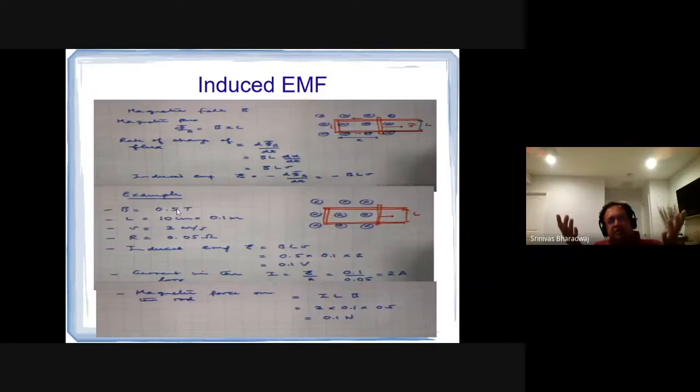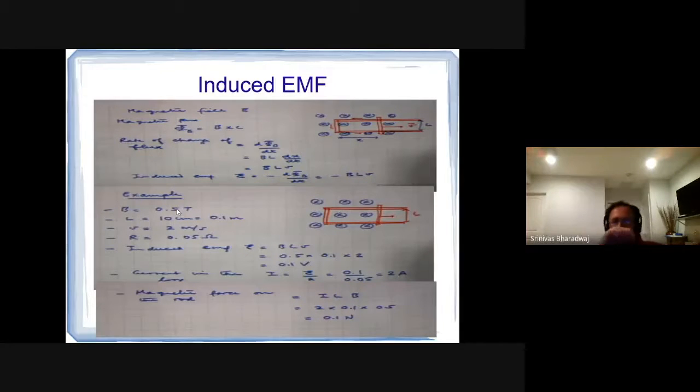The B is constant, but the A is changing. So the flux is B times A. In this case, what is changing? X is changing, and the rate at which you pull this changes the area. Because the area is changing, your total flux is changing. As a result, there is an induced EMF.